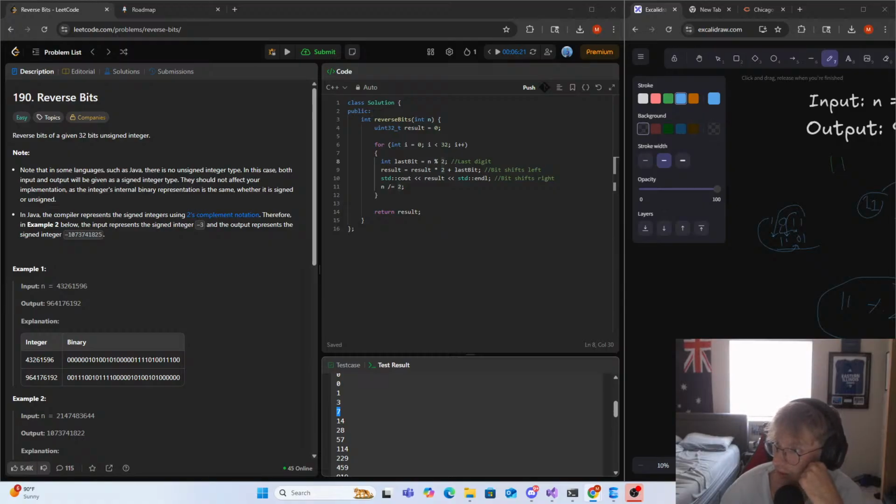We have n is equal to 5. That's what we want to change. Our result is 0, right? Our last bit is 1. So we grab our last bit. We bit shift left. We're timesing it, but it's the same thing as bit shifting to the left. Result times 2 plus last digit is 1. And then dividing it by 2, we're bit shifting right to make this smaller every single time.